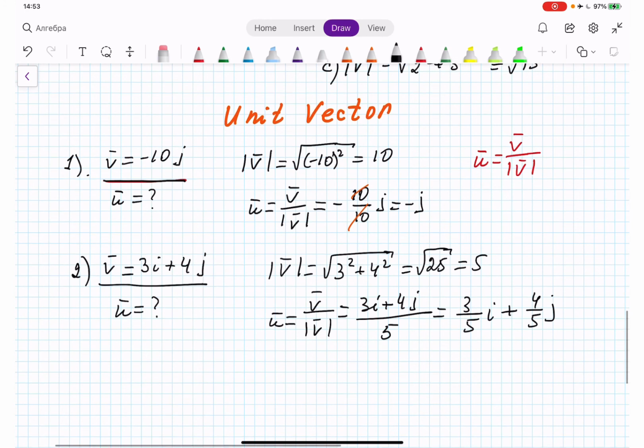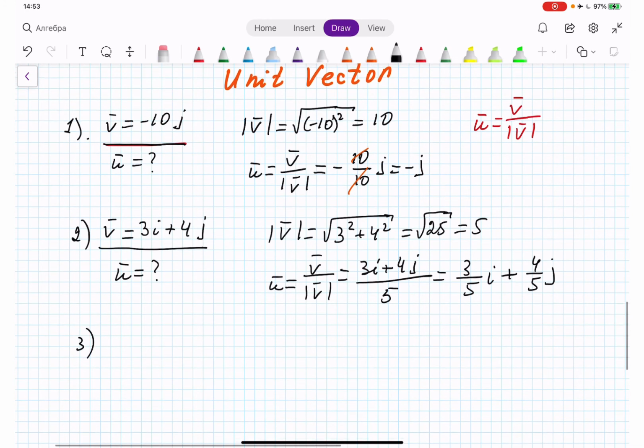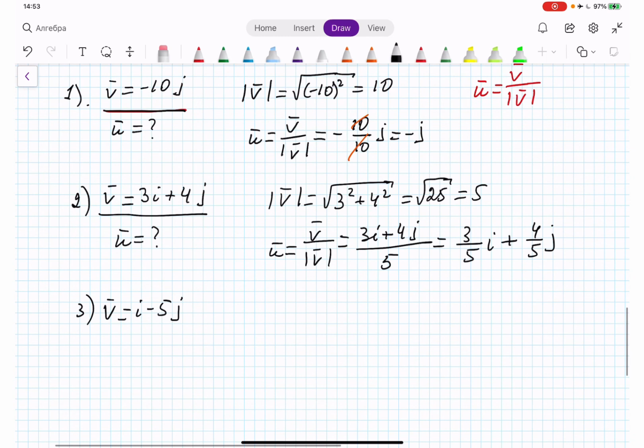And one more example, and I am done. So vector v is equal to i minus 5j. And we want to find, again, the unit vector.